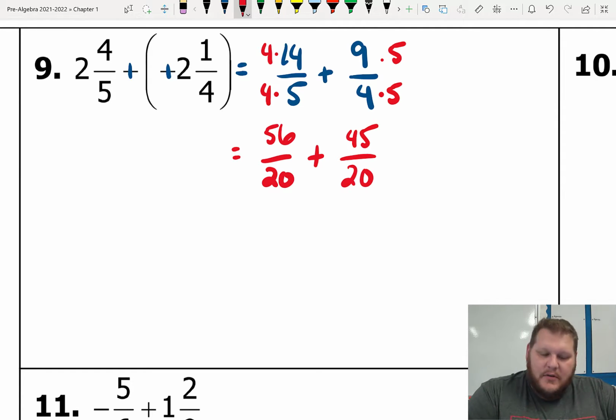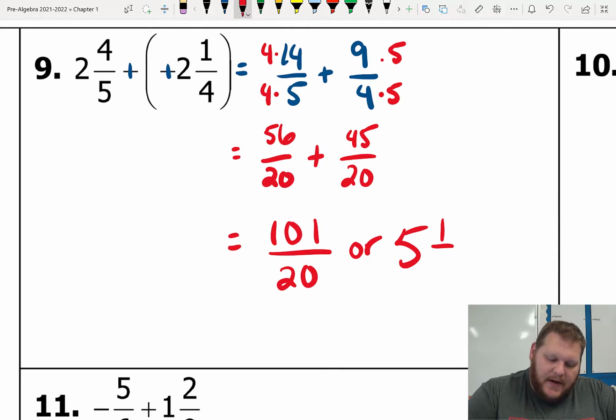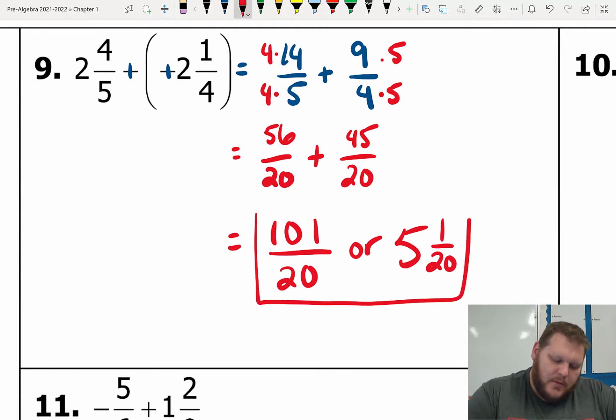So if I add those 2 together, 56 plus 45 is 101. So 101 over 20. If, again, you want to be a mixed number person, 5 and 1/20. Should be my final answer.